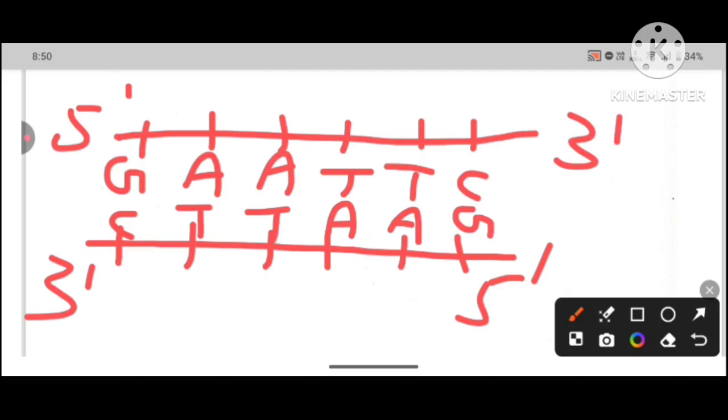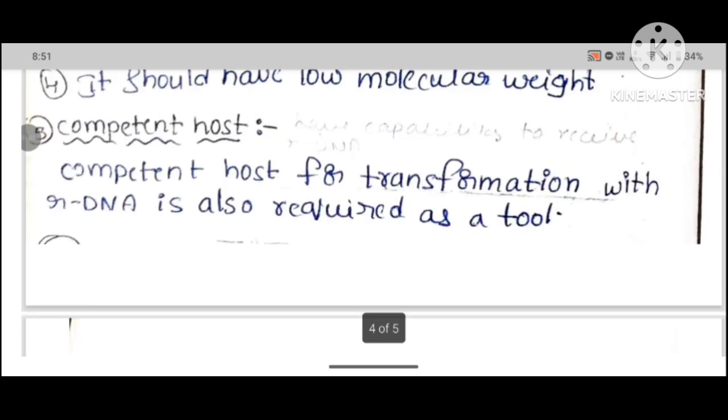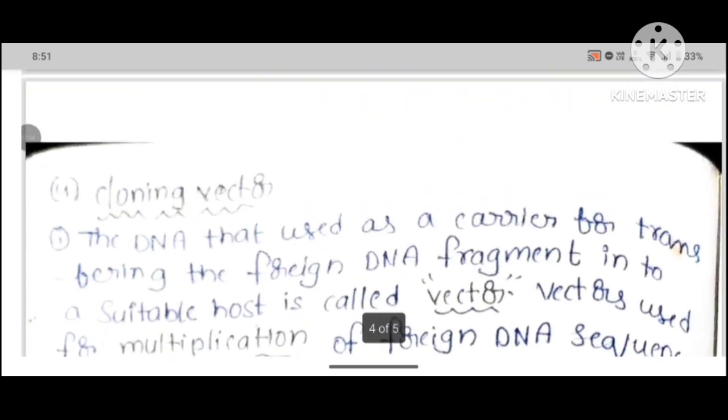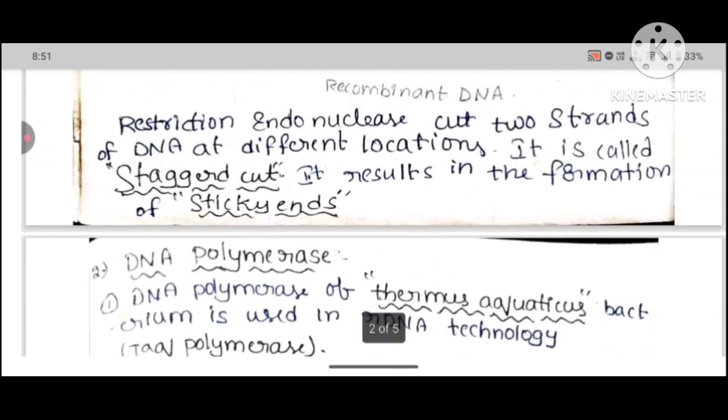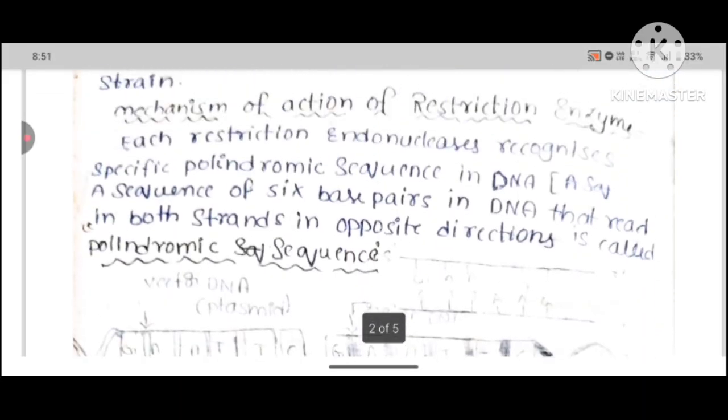This kind of sequence is known as a palindromic sequence. The major function of the restriction enzyme is to recognize these palindromic sequences in DNA.